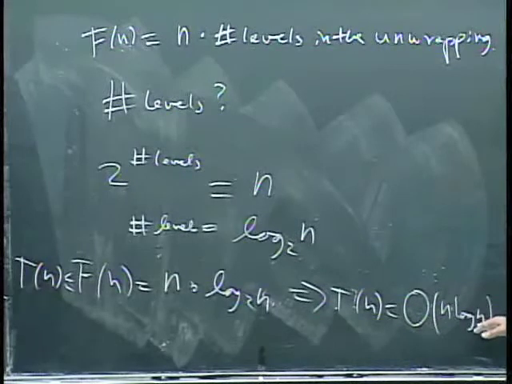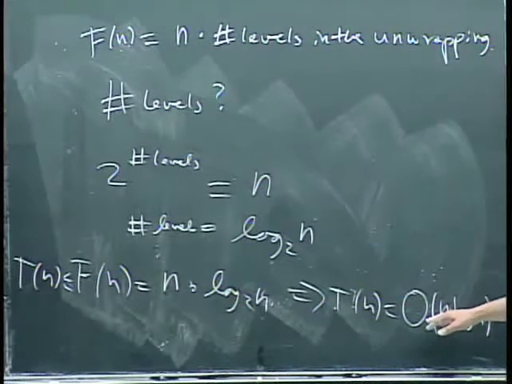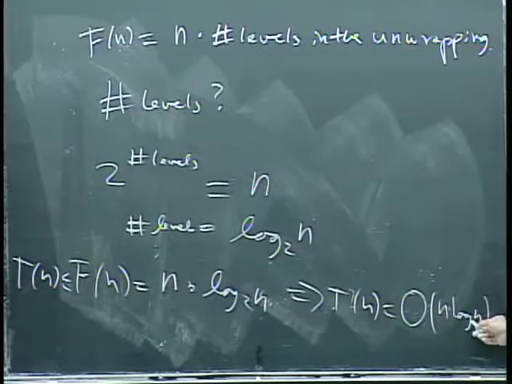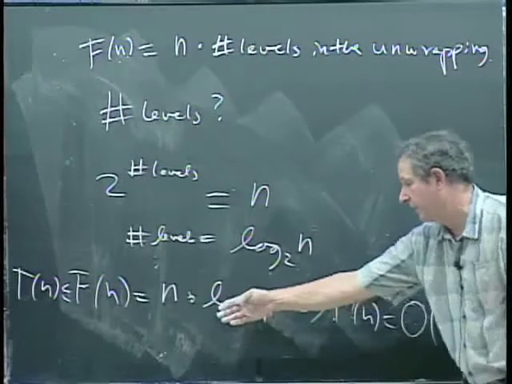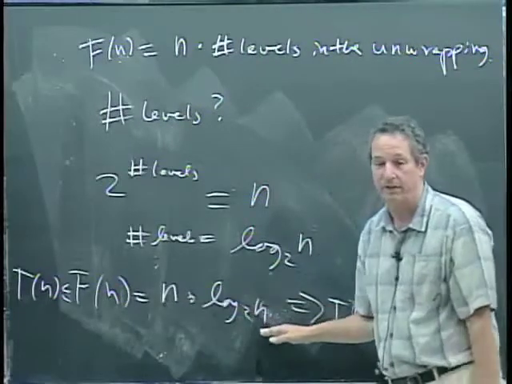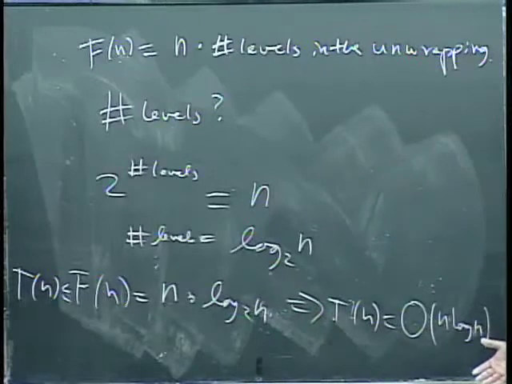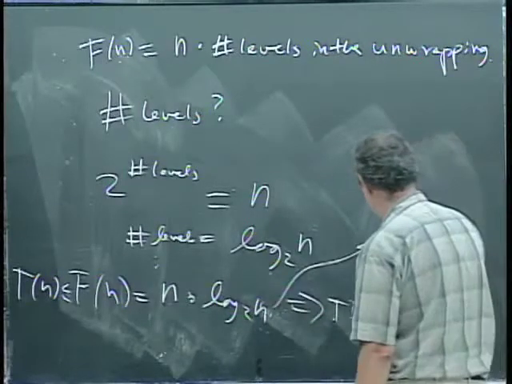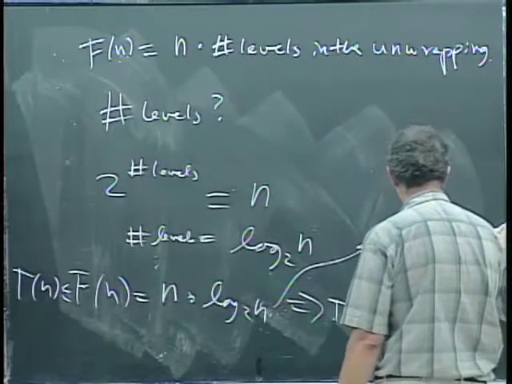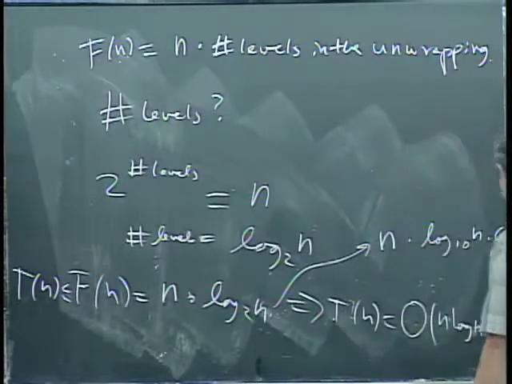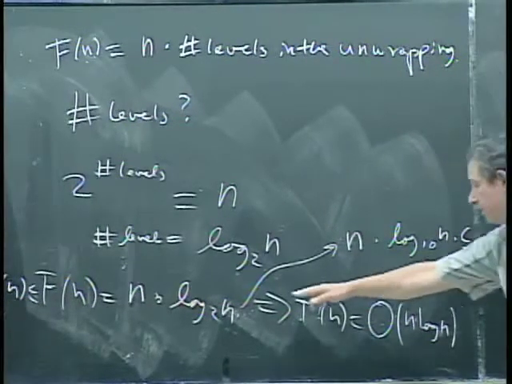Big O, so I could have just put the 2 in here too if I wanted to, but the point is that whatever the base of this log is that I want to use, maybe I want to use log base e or log base 10 or whatever, how does it relate to log base 2? This is the actual correct sum, n times log base 2 of n. But if I wanted to express that as log base 10, it's n times log base 10 of n times some constant, which is just now determined by 2 and 10.